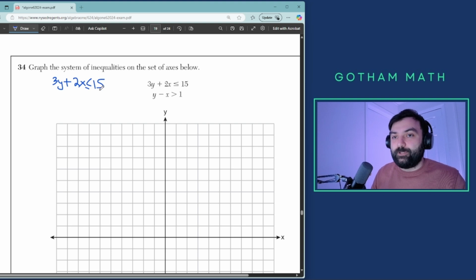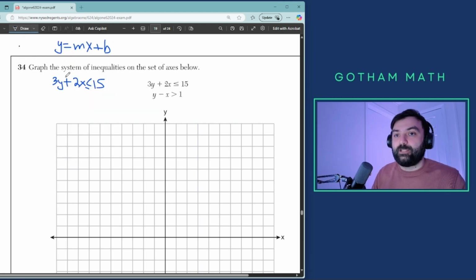So what do I do here? I have to make this inequality look like y equals some x plus b, or bring it into y equals mx plus b form. How do I do that? Well, I want y to be on its own on the left side of the inequality, and on the right side I want something with the x going right after and then the number itself. So basically you have to put stuff in the right place first.